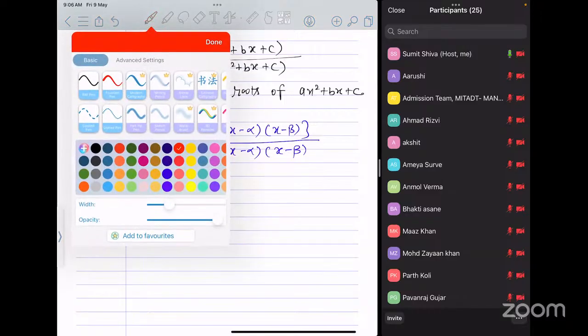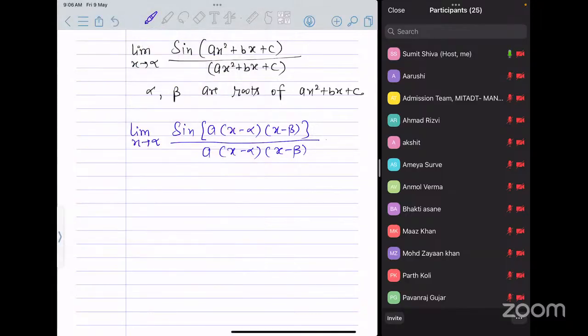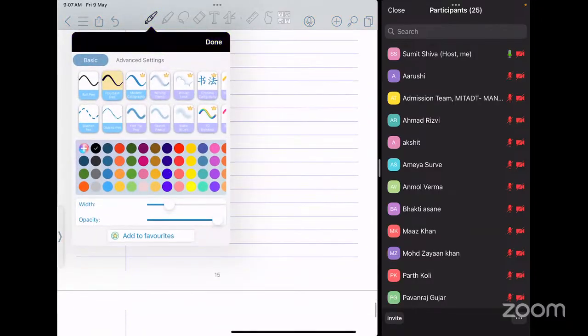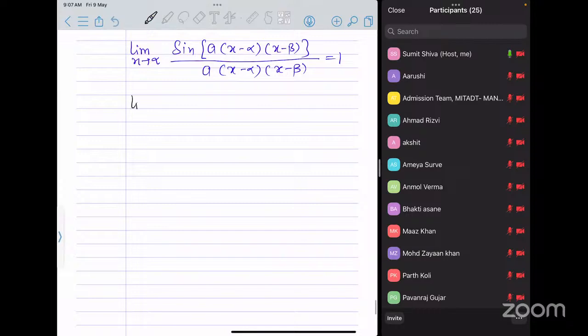So answer will be what? According to you, answer will be what? 1. Am I right? Yes or no? Yes, sir. If again I reframe it, let's say the question is limit x tending to alpha, sine of x minus alpha times x minus beta upon x minus beta.